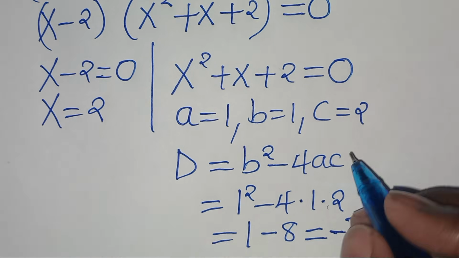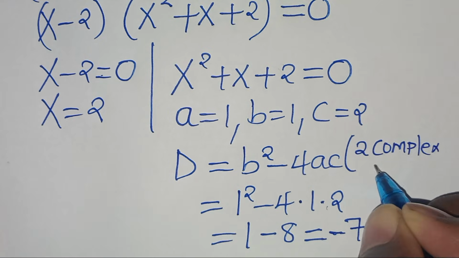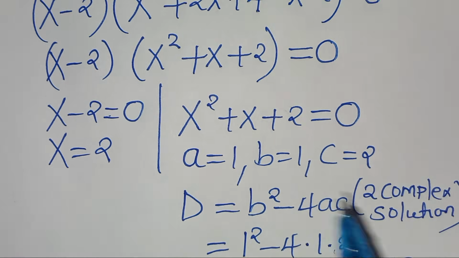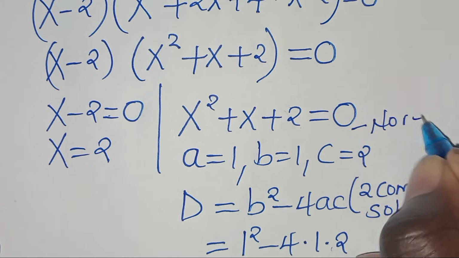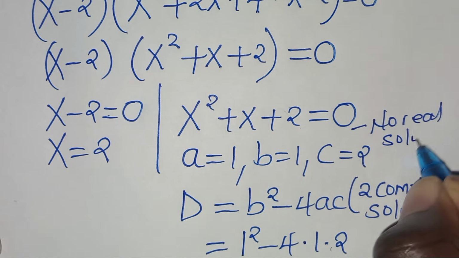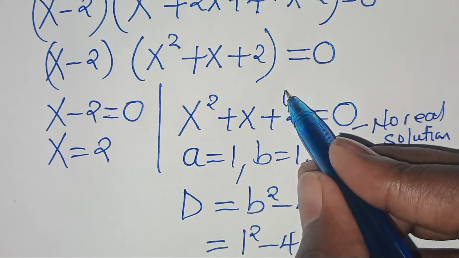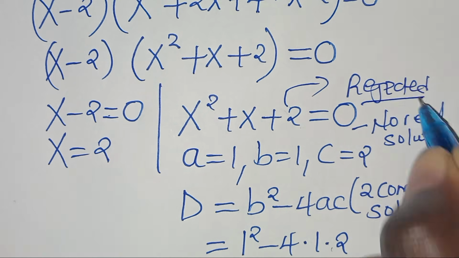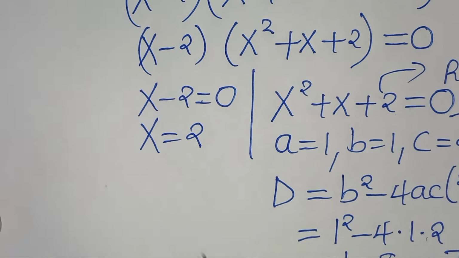So what this means is that we have two complex solutions, and therefore this quadratic equation here cannot give us a real solution. So there is no real solution that can be obtained from this quadratic equation. Therefore the quadratic equation here is rejected. Now we have that x here is equal to 2.